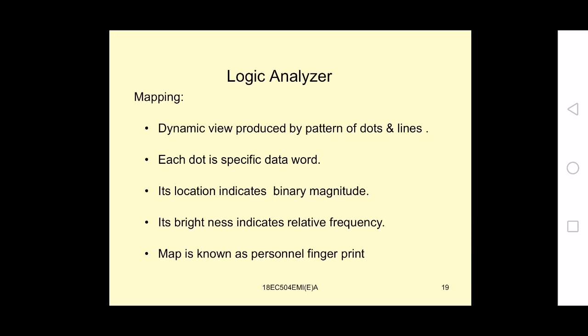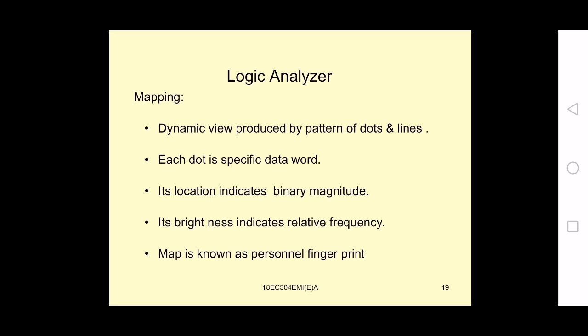In mapping, a dynamic view is produced by a pattern of dots and lines, where each dot is a specific data word.